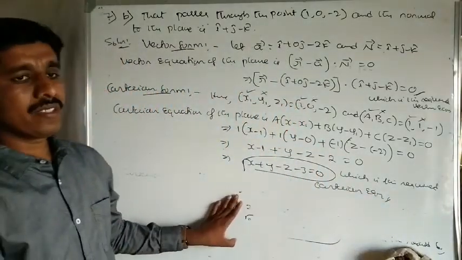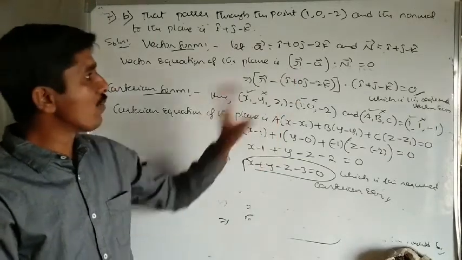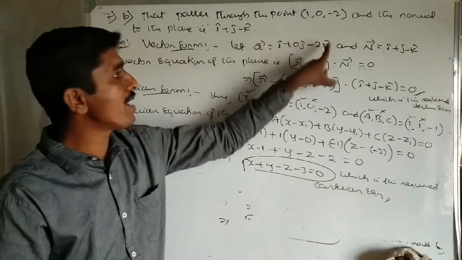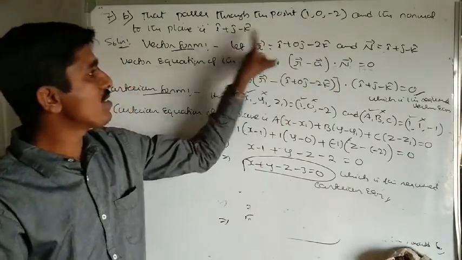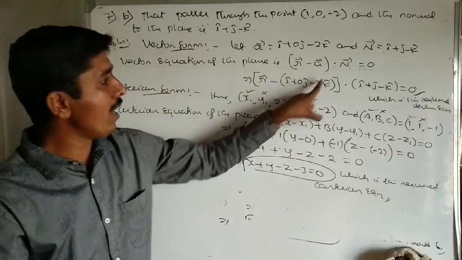Very easy problem, mind it. This is the vector equation, this is the Cartesian equation. In vector notation, take vector a is equal to i plus 0j minus 2k, and the normal vector is vector n. In the vector equation, just substitute vector a and vector n.